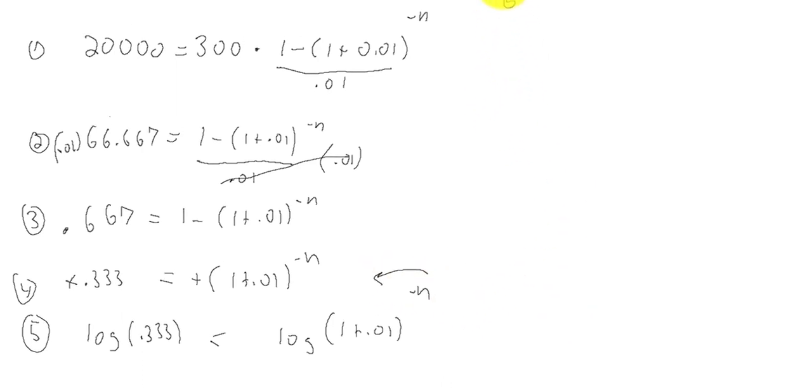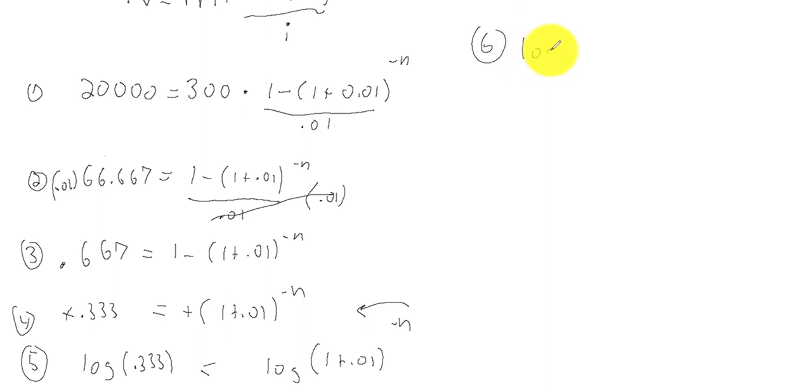So I'd end up with something that looks like this, log 0.333 equals negative N times 1 plus 0.01. We're almost done. I forgot the log. Let me fix that. Right, the negative N goes in front of the log, and then it's 1 plus 0.01.